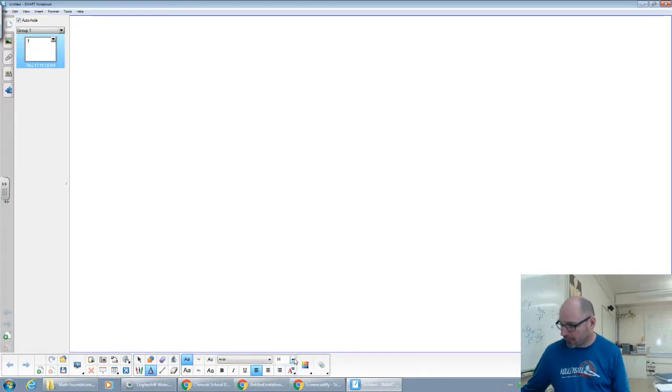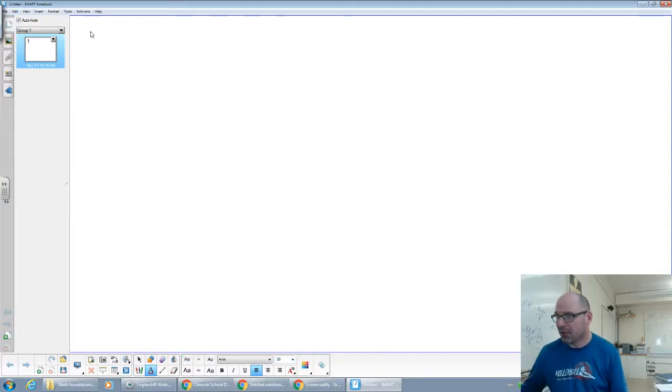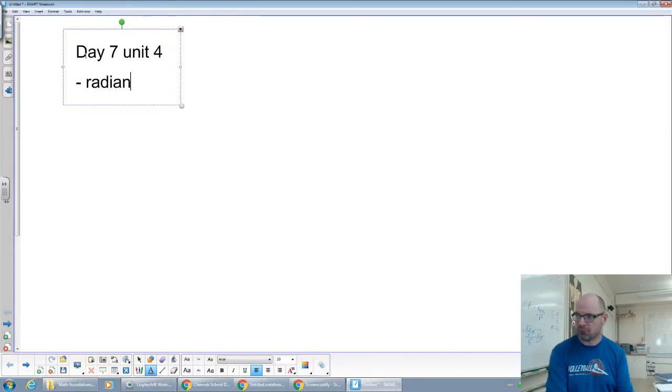Okay, the last thing we did was hand-drawn linear graphs, which is something that you last saw in grade 10, or you might have seen a little bit in grade 11, who knows. So depending on which course you took, this is day 7 in unit 4. And what we're going to look at today is radians, radian measure, and degrees.